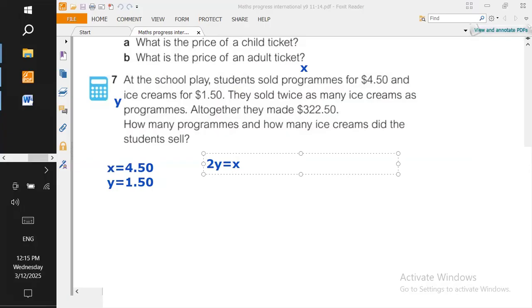Altogether, they made $322.50. So they sold twice as many ice creams as programs, and we already have the values. Now we need to know how many programs and how many ice creams the students sold.